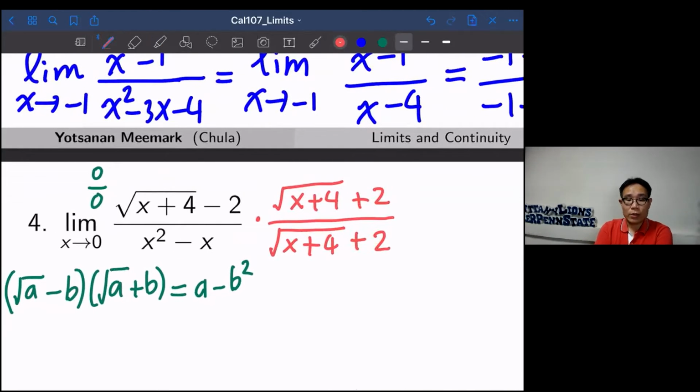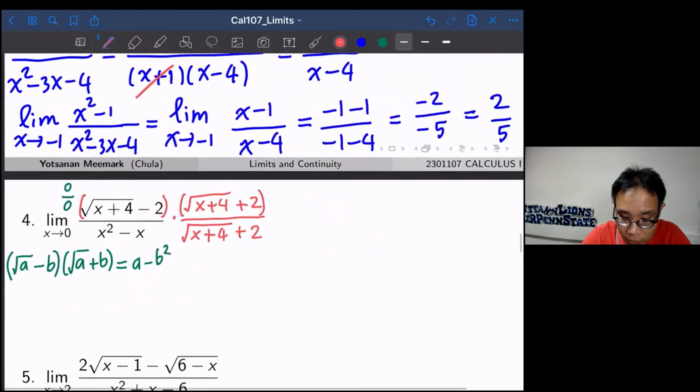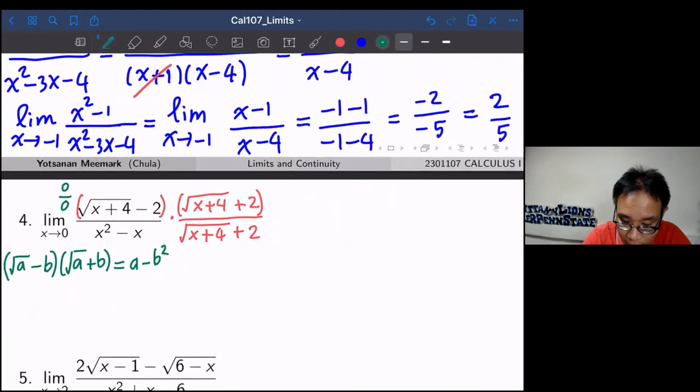Okay, and this will allow you to see that you'll be able to multiply this one together with this one, and this guy will be x plus 4 minus 4 on top.